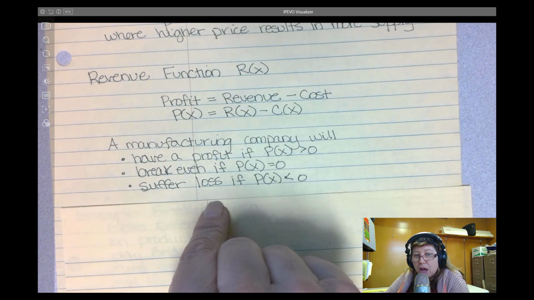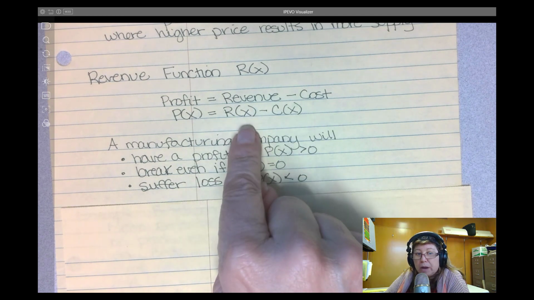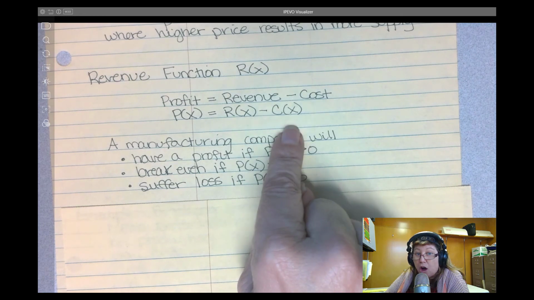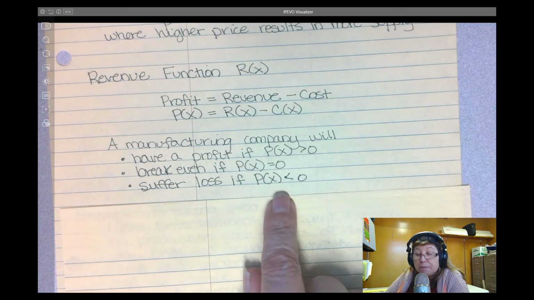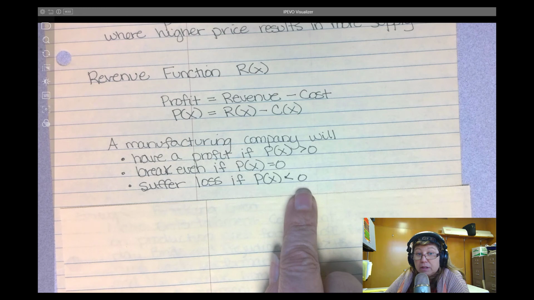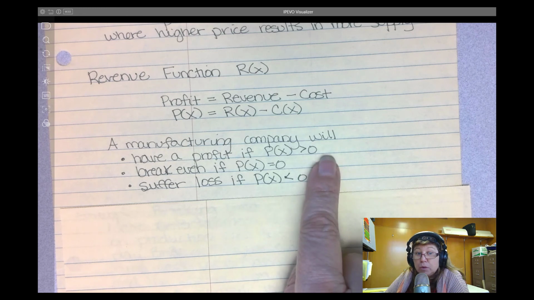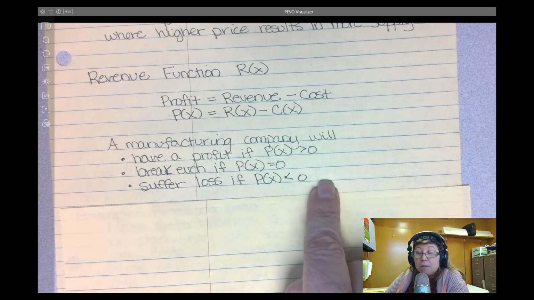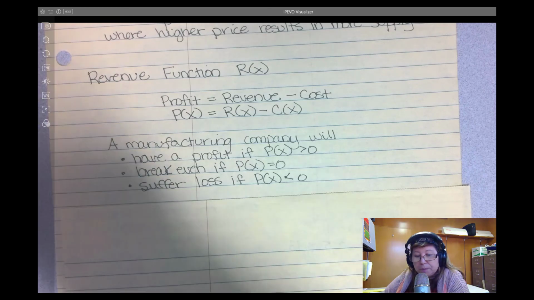And you will suffer a loss if your revenue was less than your cost. Then your P of X value will be negative. So if it's greater than 0, you will have a profit. If it is 0, you're at a break even. And if you are below 0, negative, you will suffer a loss. At least your company will.